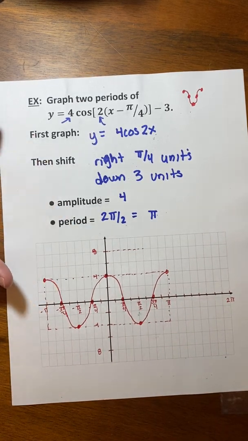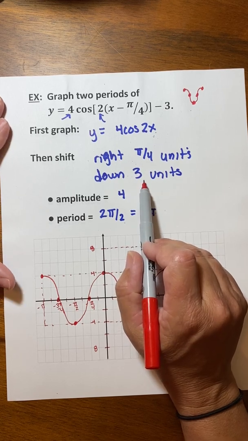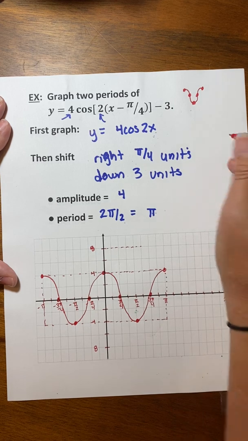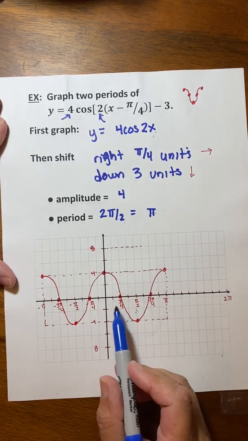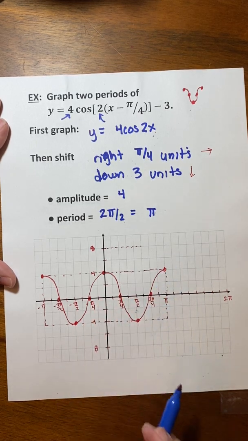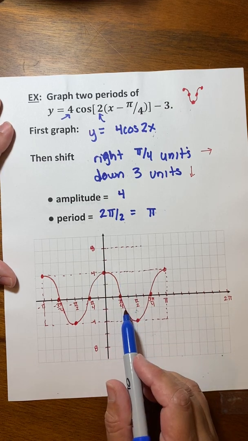Now we're going to take this whole thing, we're going to move it right pi over 4 units and down 3 units. So each of these, I have 1, 2, 3, 4, 5, 6, 7, 8, 9 points. I'm going to move right pi over 4 and down 3. So notice pi over 4 is the distance from here to here. So on my graph, that's 2 tick marks. So I'm going to move it right 2 tick marks and down 3, each of these points.